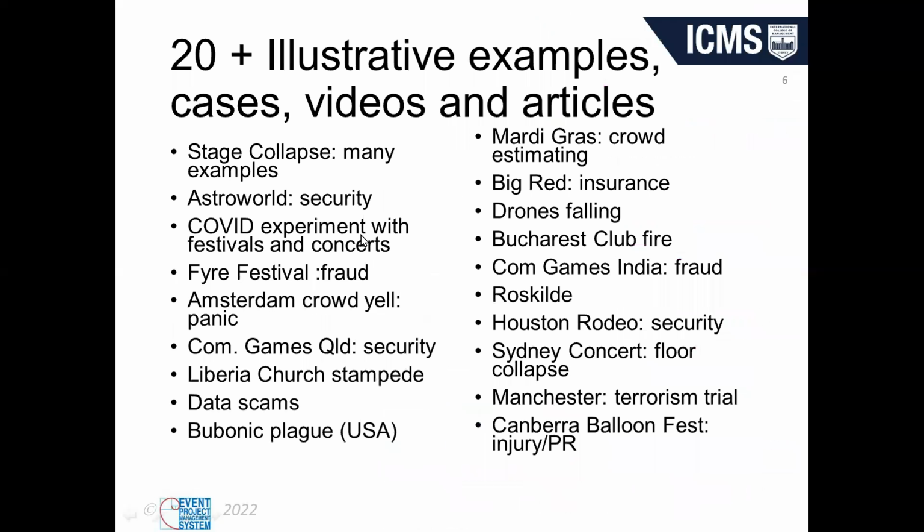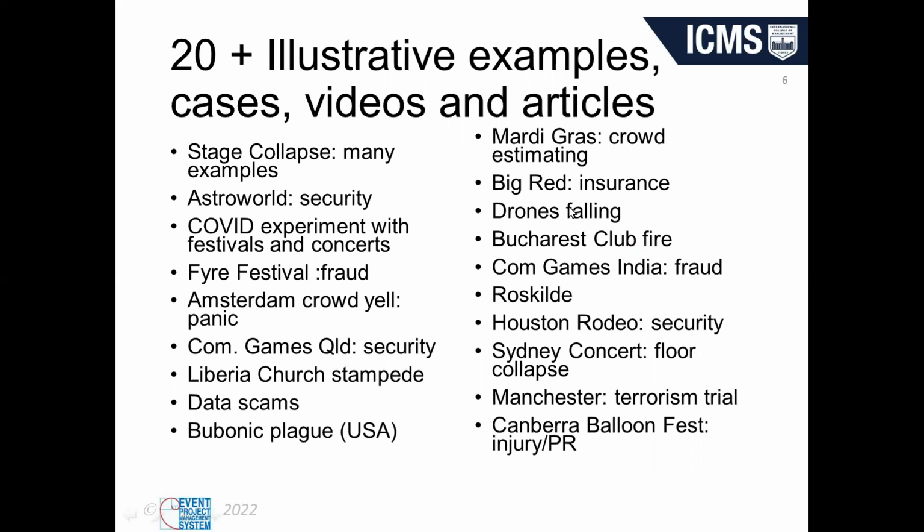Not only that, of course, I used stacks and stacks of contemporary and past examples, because these risks never go away. If you think of all the stage collapses we went through, and of course, there are the contemporary ones about Astroworld and fraud and all these things. You can go through and have a look at this later, and I'll do this in the lecture as well.